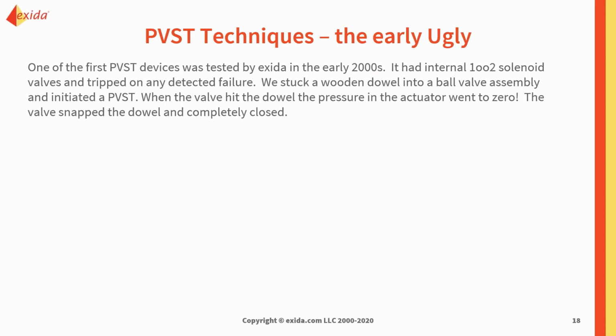When the valve hit the dowel, what we expected to see was a slight pressure drop, but the pressure went all the way to 0. The valve snapped the dowel, and it went completely closed, resulting in, you guessed it, a false trip. With this particular design, every time there was excessive resistance or binding, the actuator would go all the way to 0, and we would get a false trip.